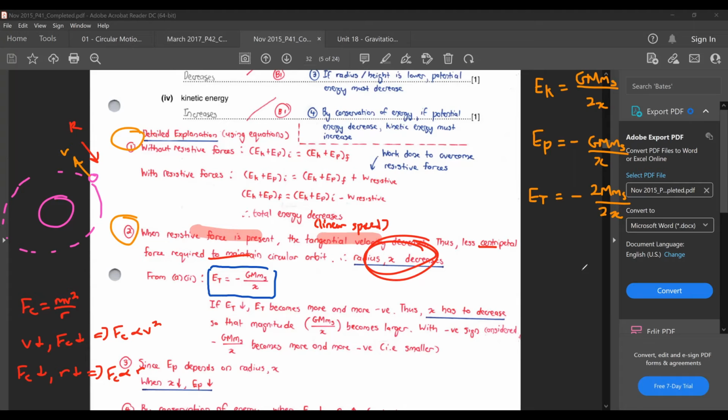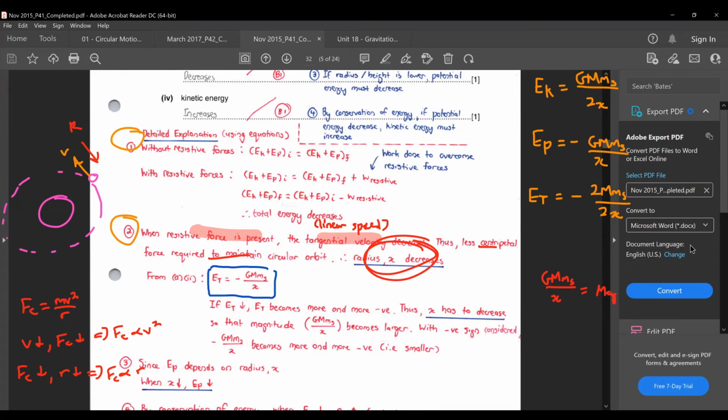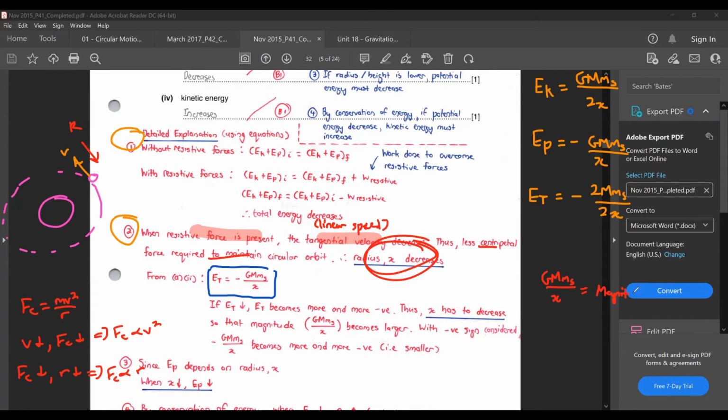If I tell you that you had GMMS over X itself, this one is your value, or rather magnitude. Say I tell you that GMMS over X is equal to, say, magnitude. When you already establish that X is dropping, this whole expression will actually increase.